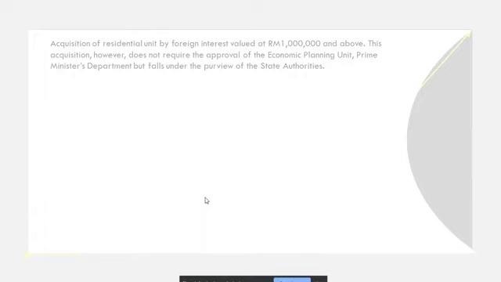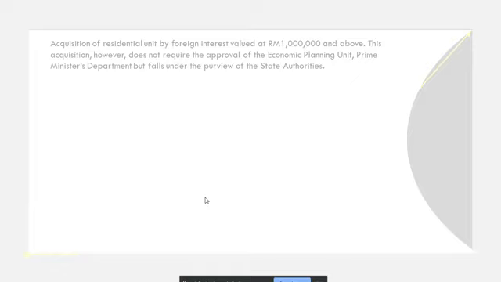So basically tadi tu adalah selain daripada residential. So acquisition of residential unit by foreign interest must be value for 1 million and above lah untuk residential unit.